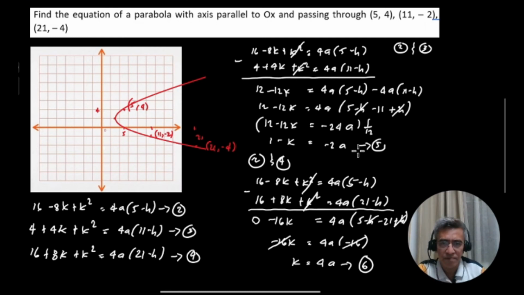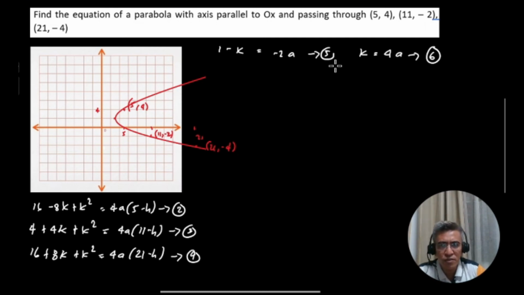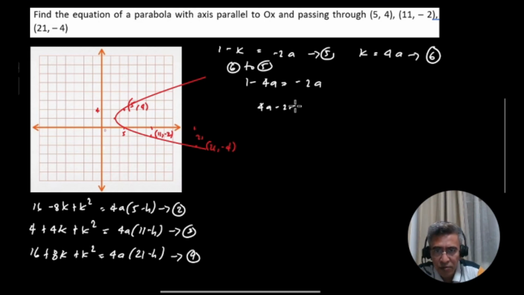With the two new equations 5 and 6, we can now find the values for either k or a. By substituting the value for k from equation 6 into equation 5, we get 1 minus 4a is equal to negative 2a. Transpose negative 4a to the other side, that's 4a minus 2a, and remain the value 1.